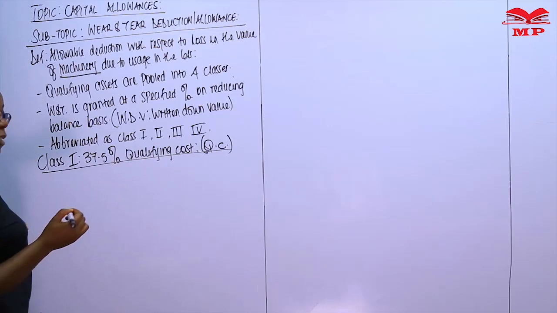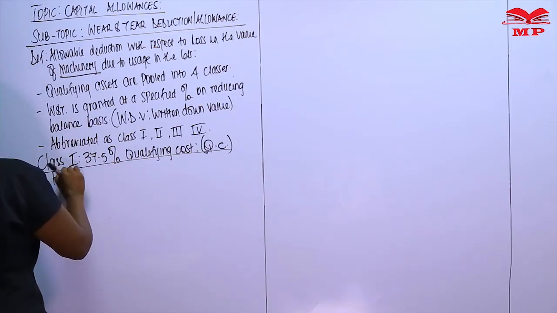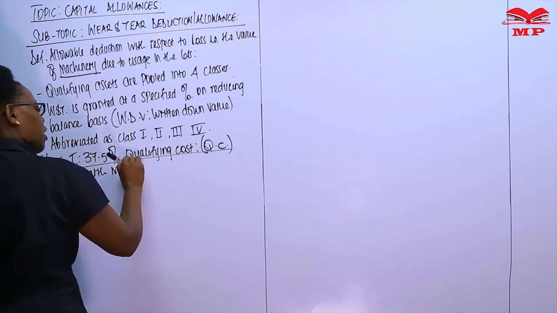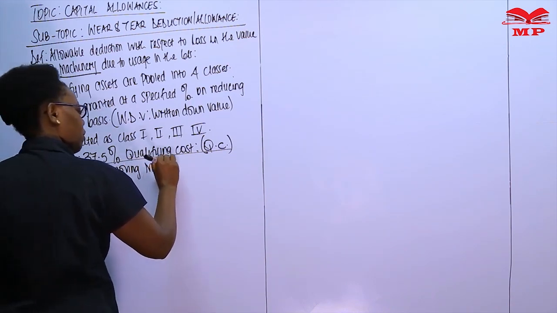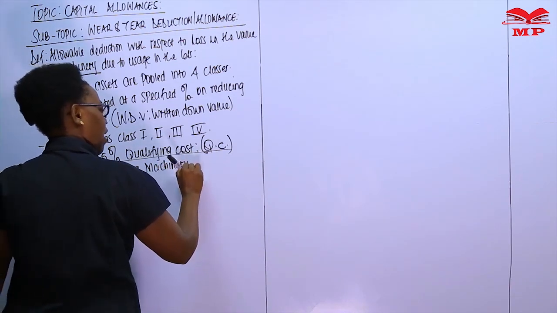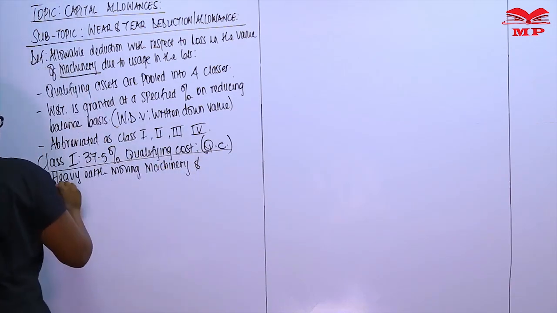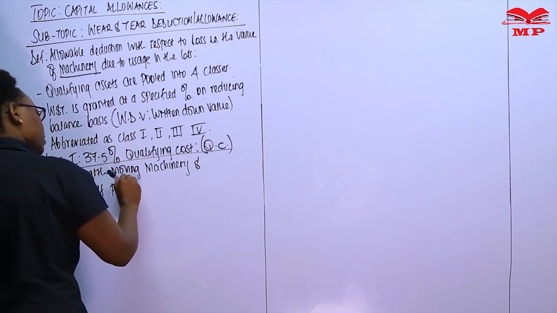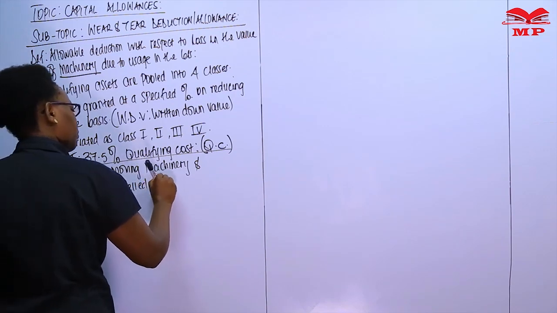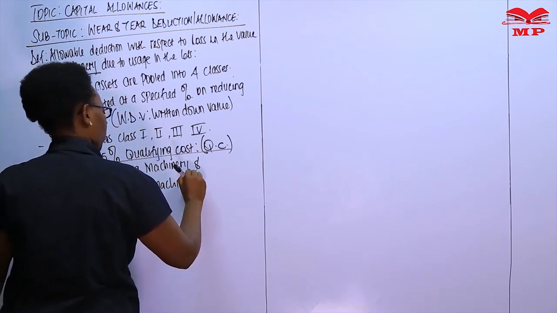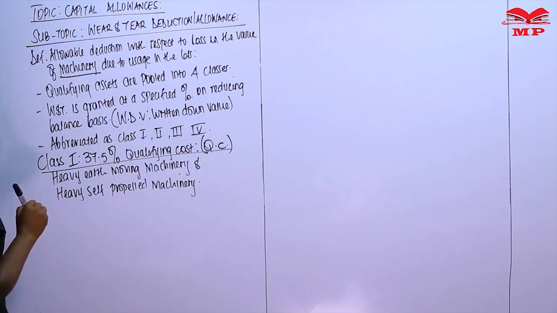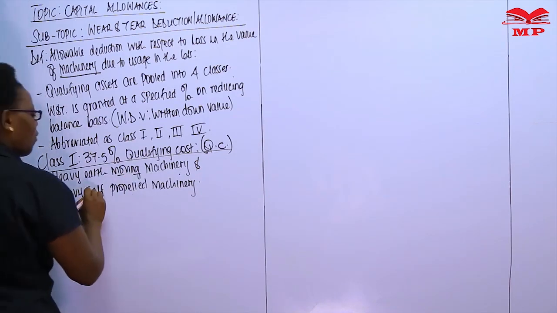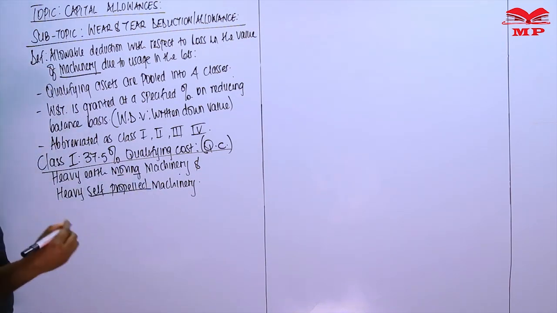This is a class for heavy earth moving machinery and heavy self-propelled machinery. Very important: heavy earth moving and heavy self-propelled machinery, or self-propelling machinery.